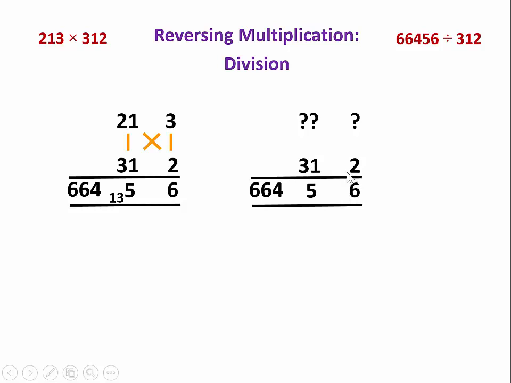And we can also see, if we look at the division here, if we sort of cancel out the last 2 digits on each side there, we can see we've got 3 and 664, so we're going to get an answer around 200, which means the first figure here has got to be a 2.